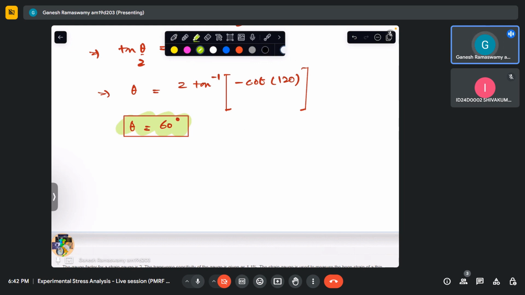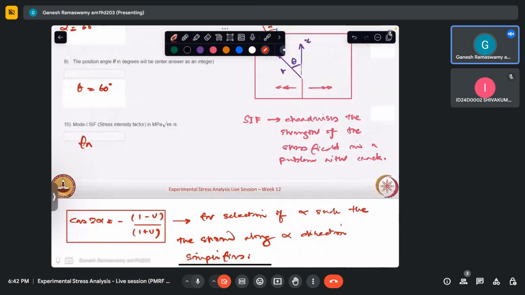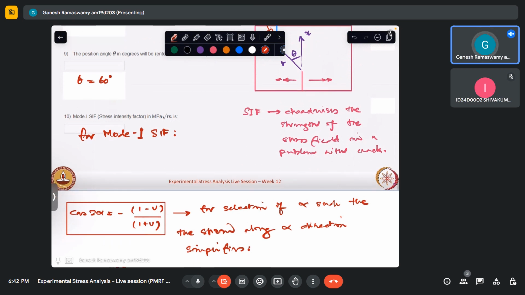Now, after having done this, we have a straightforward expression for mode 1 SIF, given by K1 is E into root of 8 by 3 pi r into the strain measured along the alpha direction.